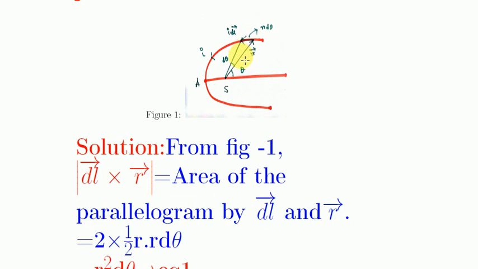The area of this triangle is half r times r d theta, and 2 times the area of this triangle is equal to the area of the parallelogram, which is mod of dl cross r.